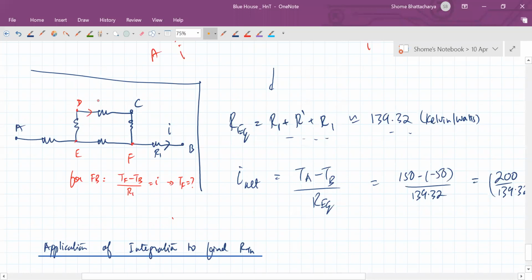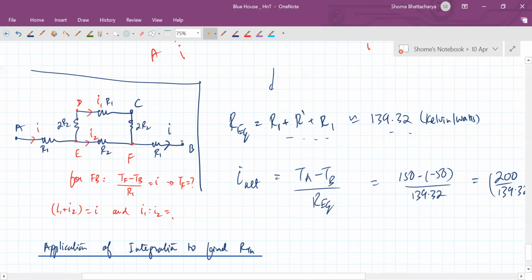This is the complicated step. You find I1 and I2. You find I1 and I2 from the fact that I1 plus I2 is equal to I, and I1 to I2 will be the inverse of the ratio of resistances. This was R2, this was 2R2, and this was R1, R2 by 2.